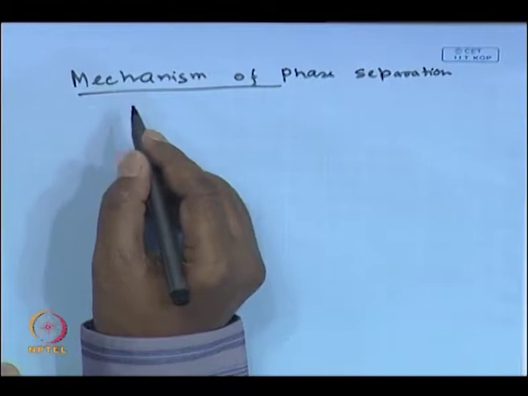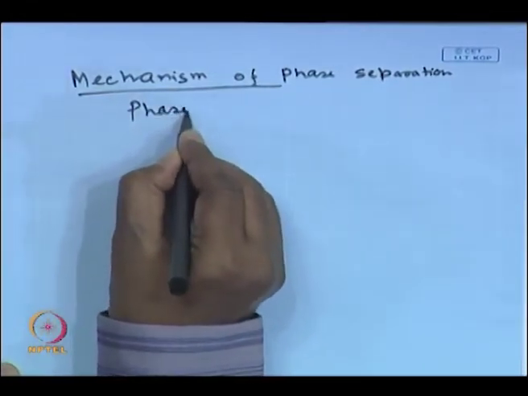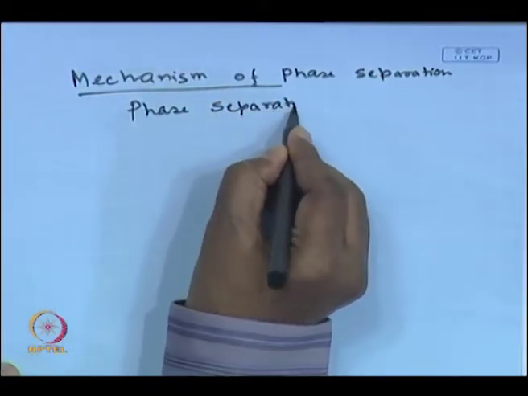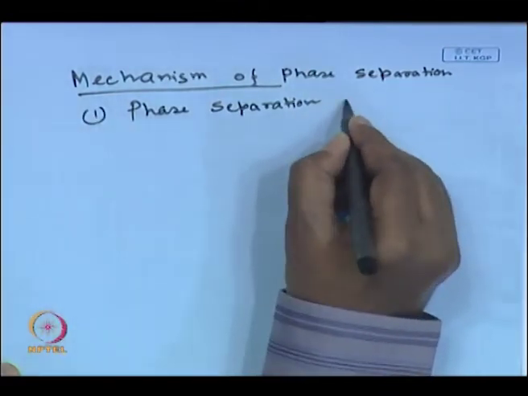This phase change about CPT is reversible. That means the first characteristic is that phase separation about the cloud point temperature is reversible.